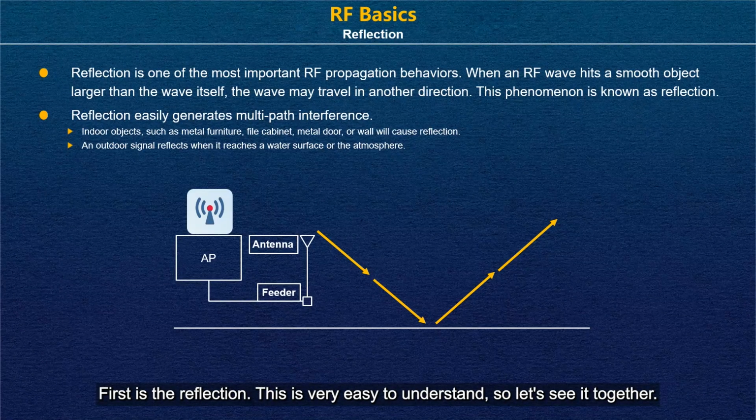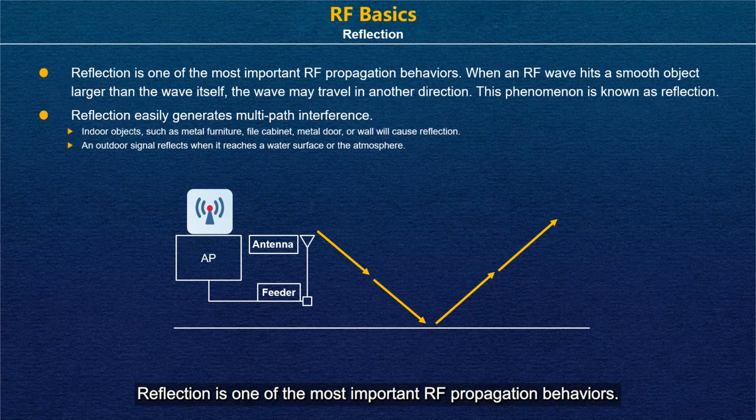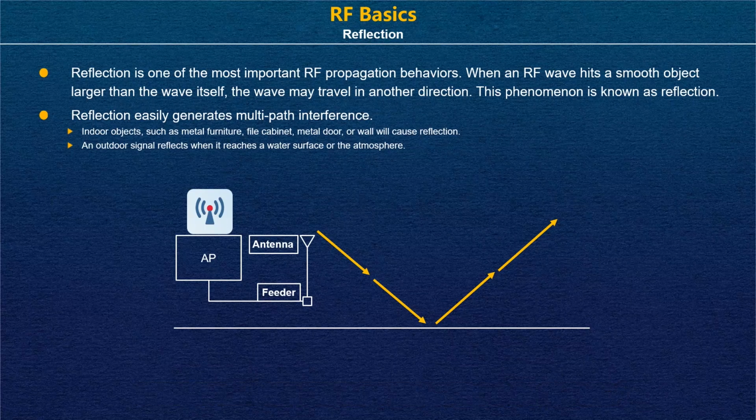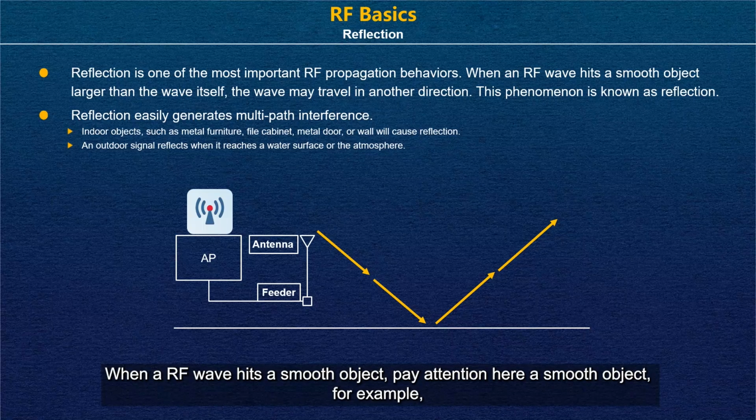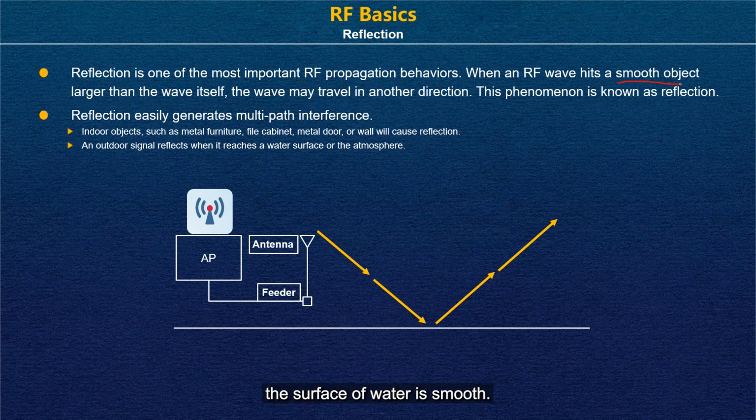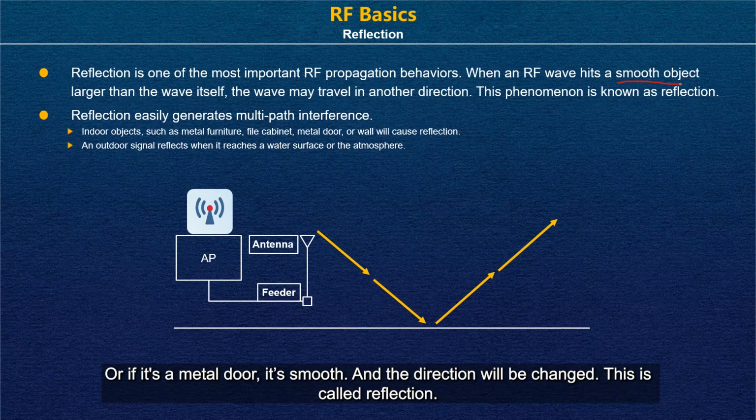First is reflection. This is very easy to understand, so let's see it together. Reflection is one of the most important RF propagation behaviors. When an RF wave hits a smooth object, pay attention here, a smooth object, for example, the surface of water is smooth, or a metal door is smooth, the direction will be changed.